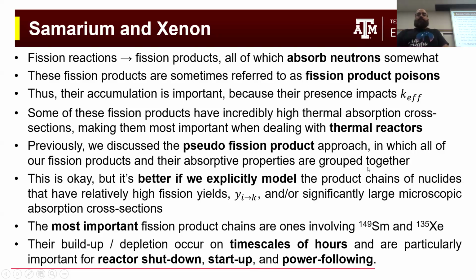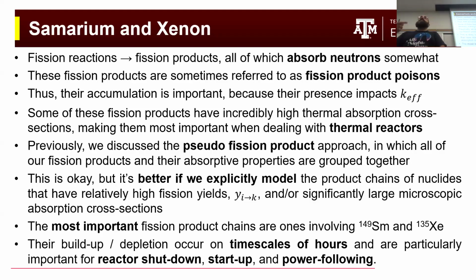When we talked about the pseudo fission product approach, that is really good to group all of our fission products together. But some of those fission products we want to treat separately, because their absorption cross sections are so high that it's worth explicitly modeling them instead of lumping them with our pseudo fission products. The pseudo fission products would be most of the nuclides that don't have very large absorption cross sections.